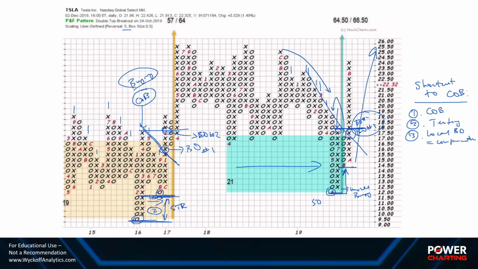And Bruce, such a simple technique, just based on the structure, just based on the main Wyckoff ideas of the behavioral change, of testing, and then the idea of the confirmation. You could literally put this into a system using the P&F charts.